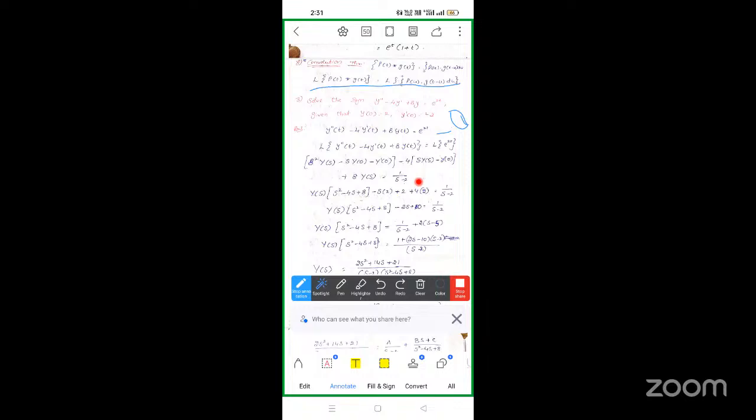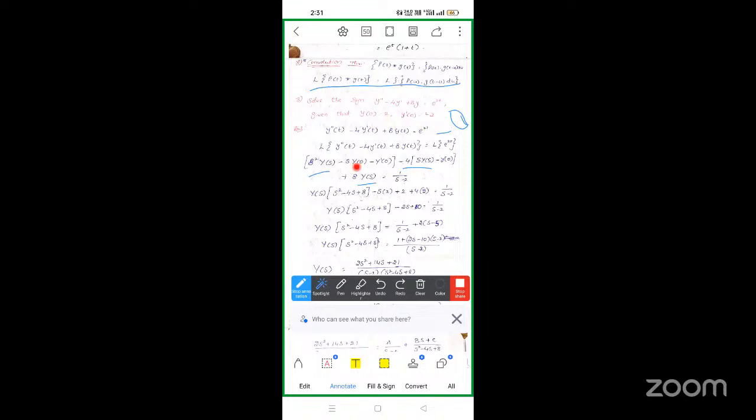Next, on the left-hand side, y of s is common. Y of s is there in all three terms, so y of s is common: s square minus 4s plus 8. Next, the remaining terms use the given conditions, y of 0 is equal to 2 and y dash of 0 is equal to minus 2.